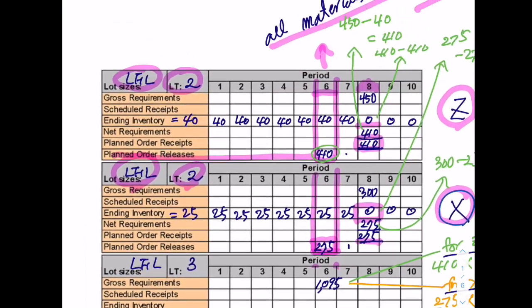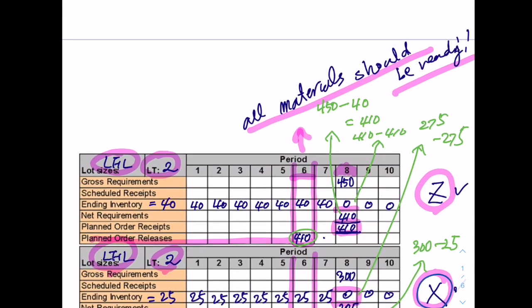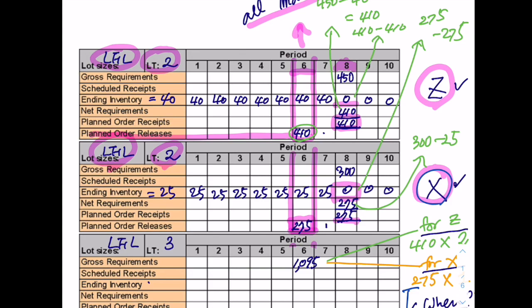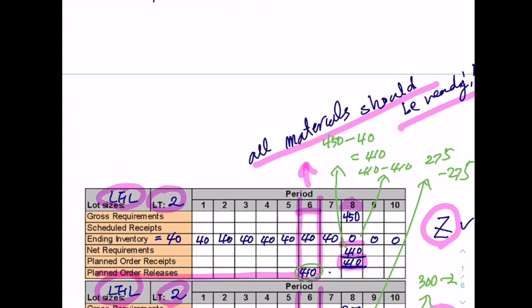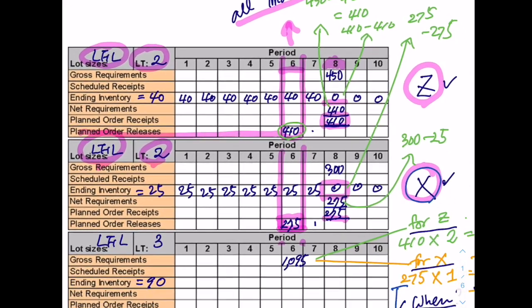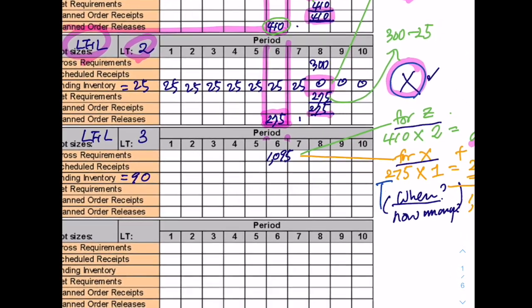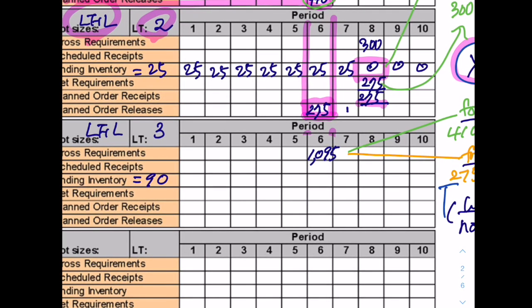So let's see, for T, currently we have 90, so ending inventory is 90, and there is no scheduled receipt, so all the information is given here. Let's continue to finish this matrix. We will keep 90 until week 5. Now it's the beginning of week 6, so we have to consider the net requirements.